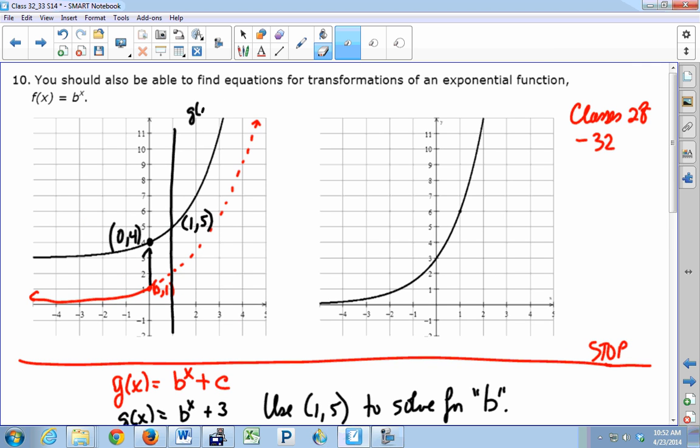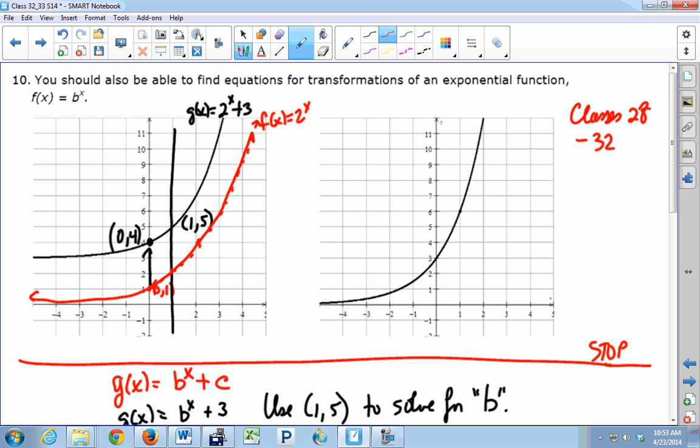So g of x here is 2 to the x plus 3, because I have a vertical shift up of my parent function 2 to the x. So here's f of x equals 2 to the x. Okay. That's all that's happening there.